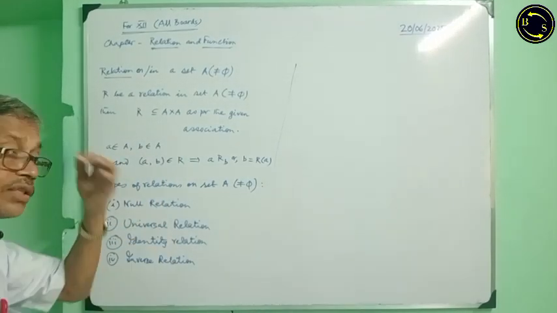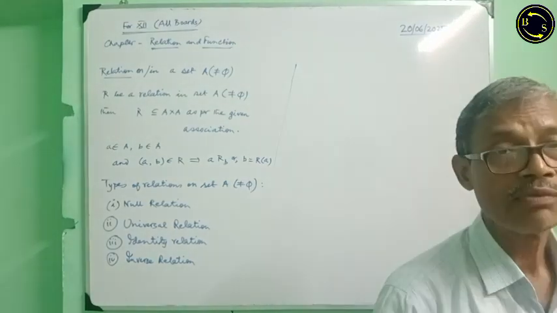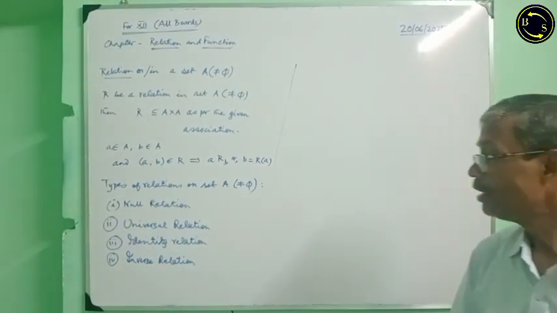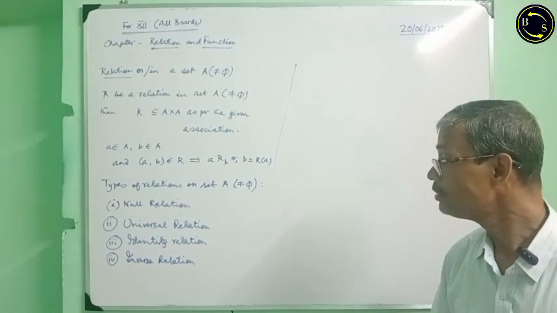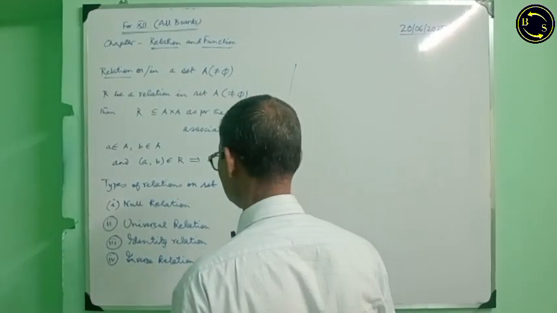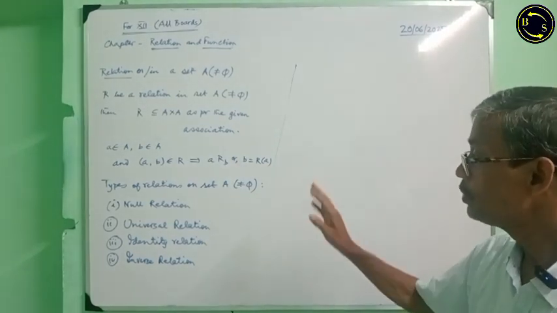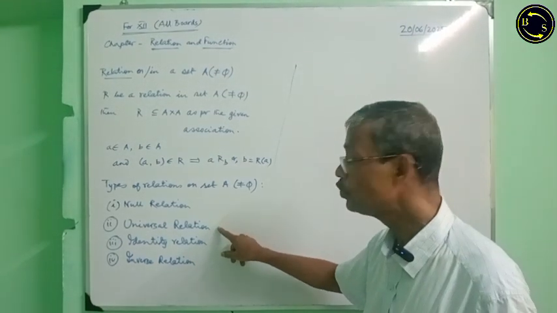Then universal relation on set A will be equal to the Cartesian product A cross A. Then identity relation, inverse relation. I take an example to discuss these two first.